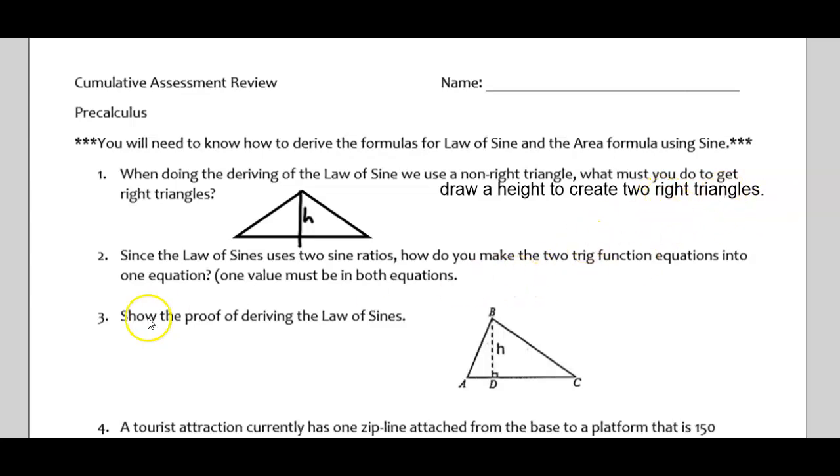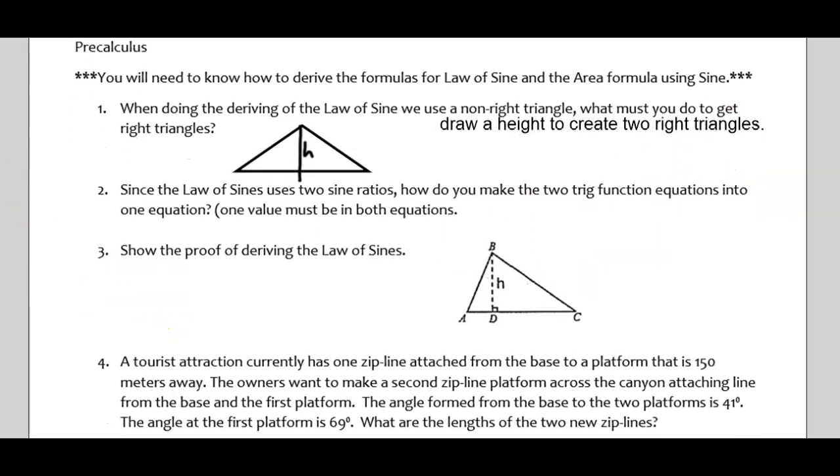Now, number two right here says, since the law of sines uses two sine ratios, how do you make the two trig function equations into one equation? One value must be in both equations. So here's what you got to do.